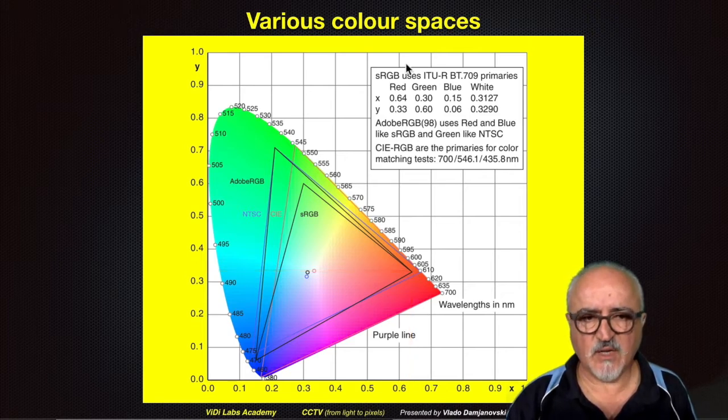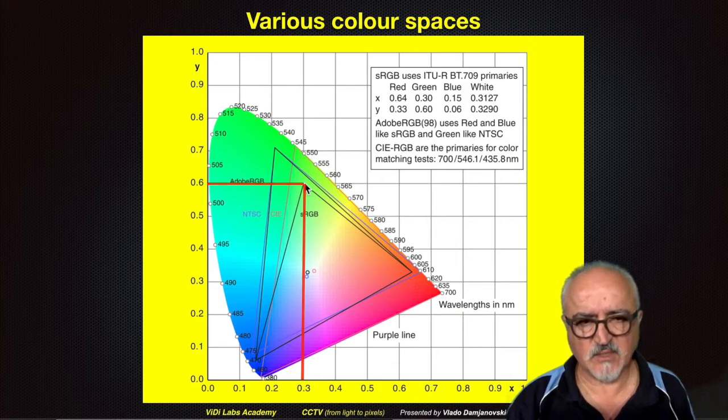Then we have the green color, which is generated by wavelength that sits on 0.3 of x and 0.6 of y coordinate in the CIE color space. So this is representing the green possible reproduction by sRGB space.